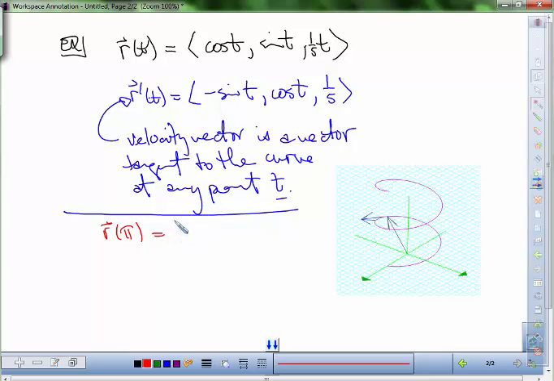R of pi is going to be, what's cosine of pi? -1. Sine of pi, 0. And this is 1/5 pi. R prime of pi is equal to, what's sine of pi? 0. And then cosine is -1. And this is just 1/5.